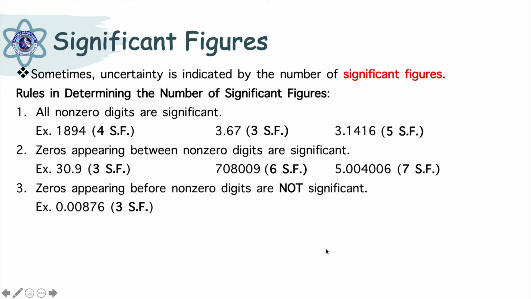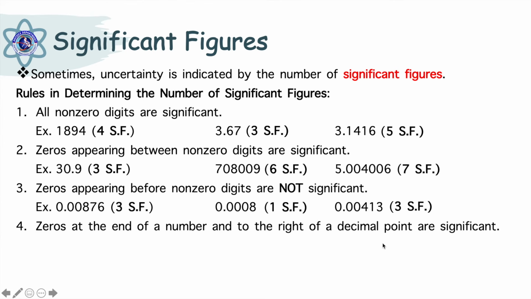Rule number 3. Zeros appearing before non-zero digits are not significant. So for example, you'll have 3 significant figures. Next, another one, you'll have, yes, one significant figure. This one has, yes, three significant figures.